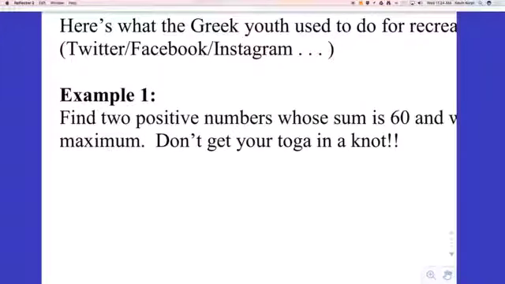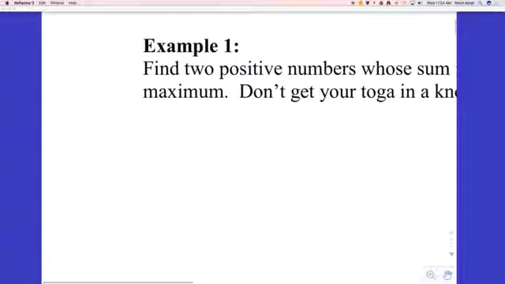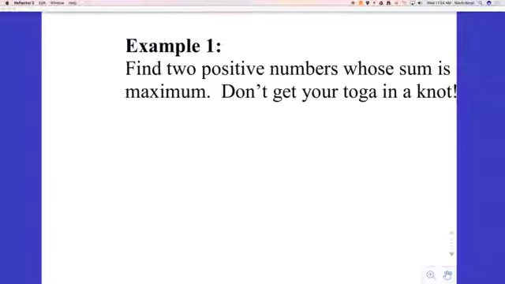Find two positive numbers whose sum is 60 and whose product of one times the square of the other one is a maximum. And they'd say, okay, on your mark, go. And the boys in their togas would be writing in the sand, trying to figure out the answers. And the first person to come up with the right answer won, like, I don't know, a free toga sash or something. Or a free leaf for their hair. I'm not sure. I wasn't there.